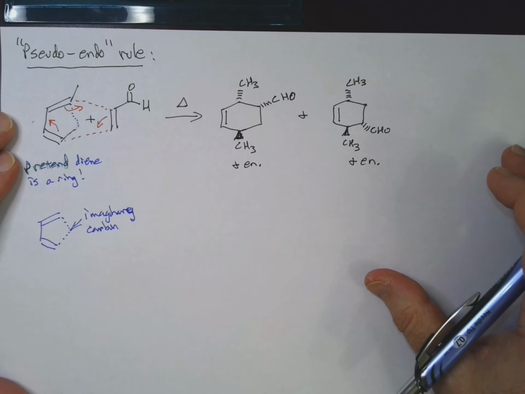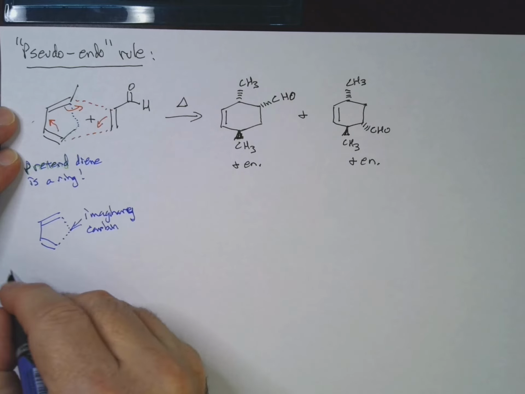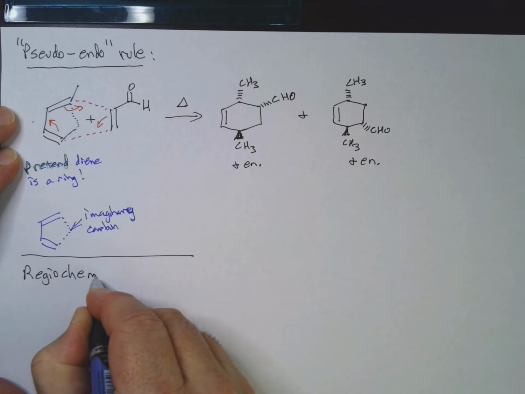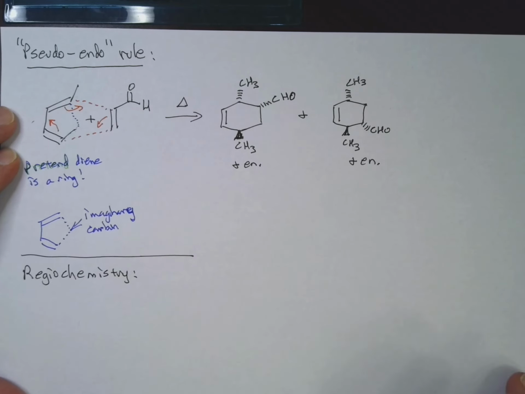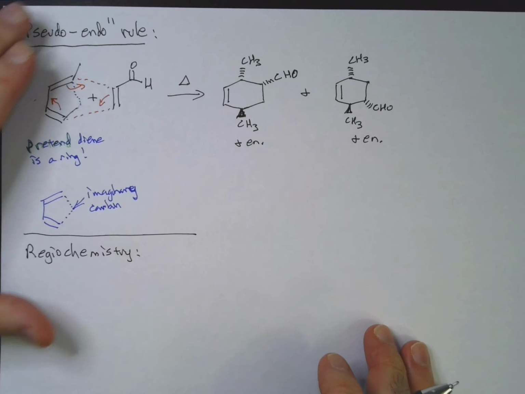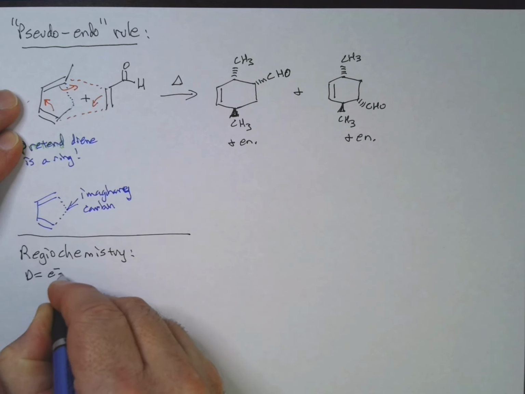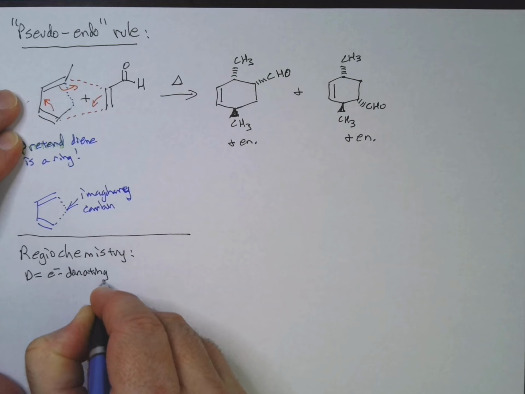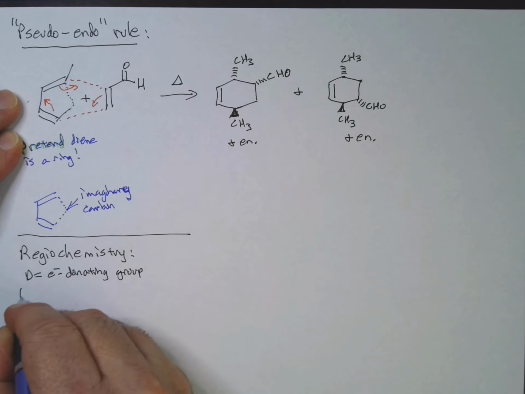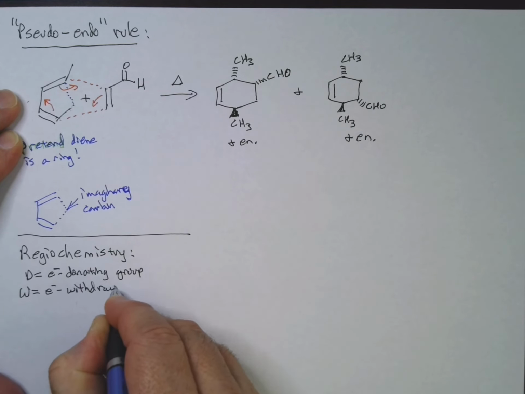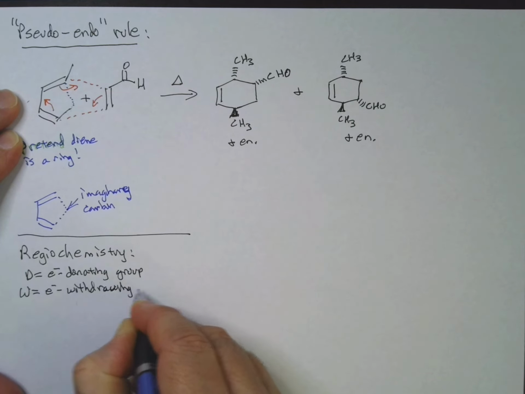and the pseudo-endo rule. Now, what about regiochemistry? Okay, so regiochemistry is as follows. So let's say here, D equals electron donating group, W equals electron withdrawing group.